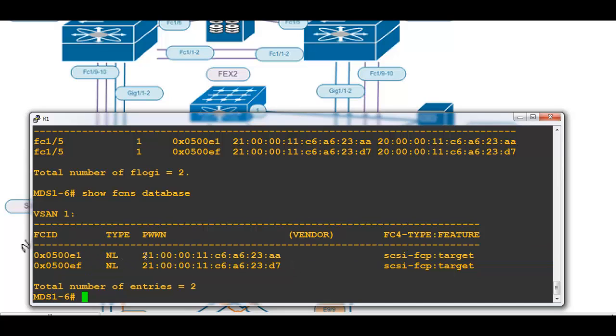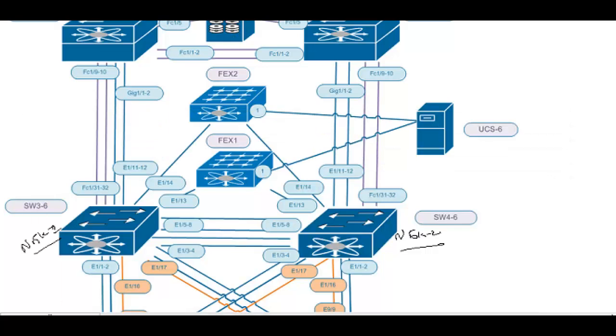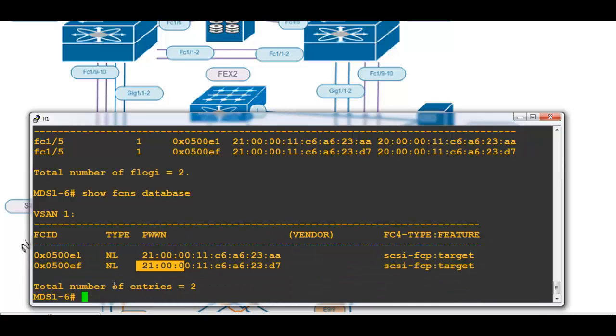No, these are two different Floggy coming from this single JBoard. These are two different, yeah, you can call it a disk. So you got two Floggy messages from that JBoard through that interface, and for each the FC ID is given.